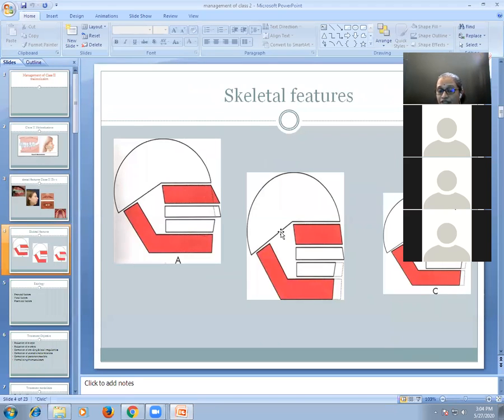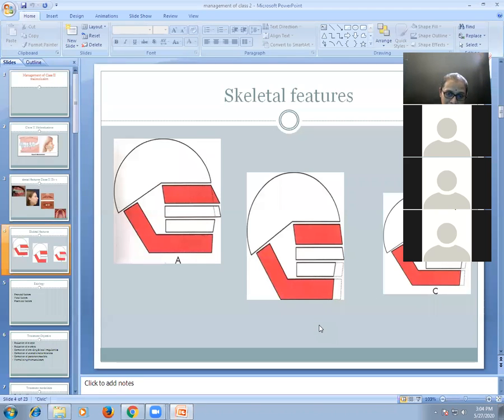Then the skeletal features of class 2. You will say that it is a skeletal class 2 when your upper arch, the upper skeletal base, that means maxilla, is prognathic, or when your lower base, that means mandible, is retrognathic, or you can say posteriorly placed than the maxilla, or in combination of both, when there is retrognathic mandible and prognathic maxilla.